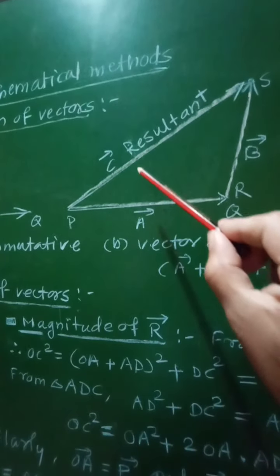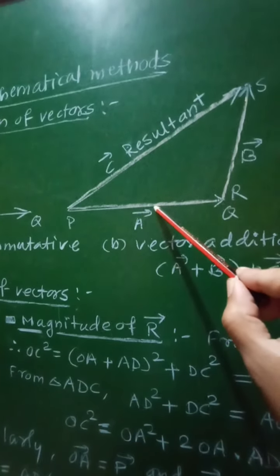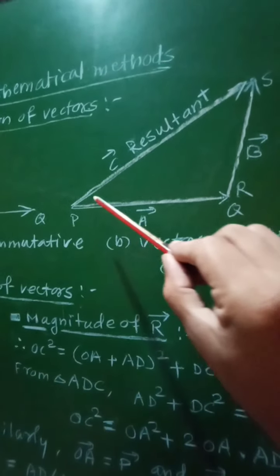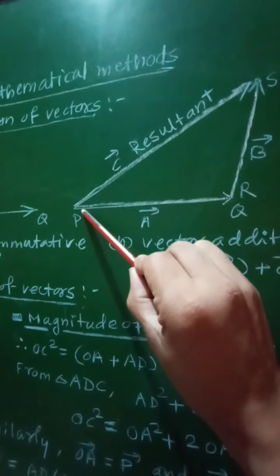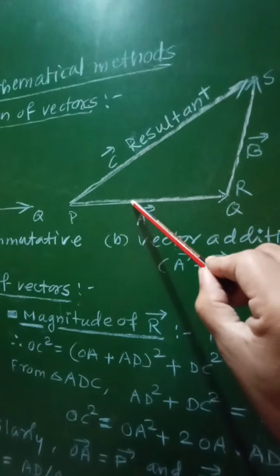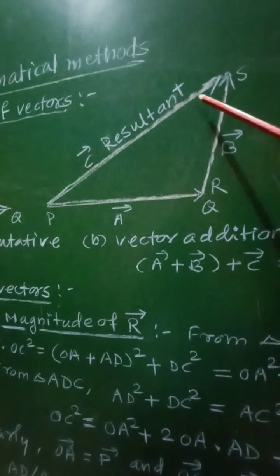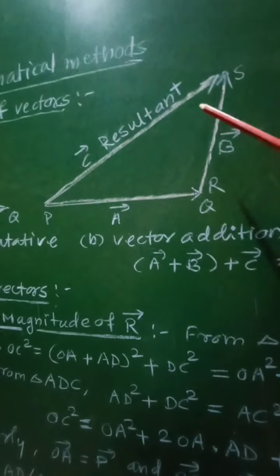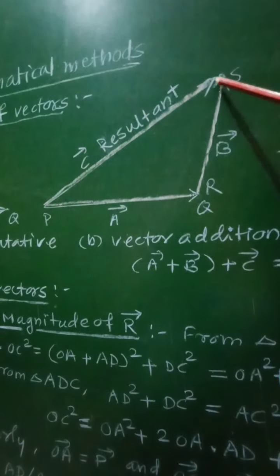Similarly, if you consider these two vectors, vector C and vector A, they are not taken in order because it is the starting point of these two vectors. Similarly, if you consider vector B and vector C, again the end points of the two vectors are here.